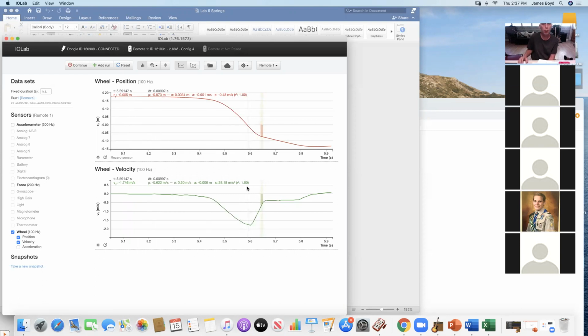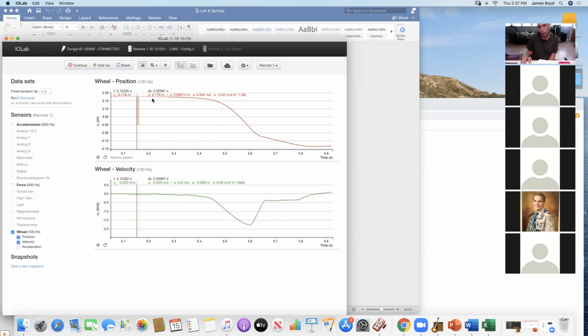What I want you to do is, when the velocity is 0, write down the wheel position. So take just a small gap. When you do that, assume that the error is the error associated with the actual value that it's given you.